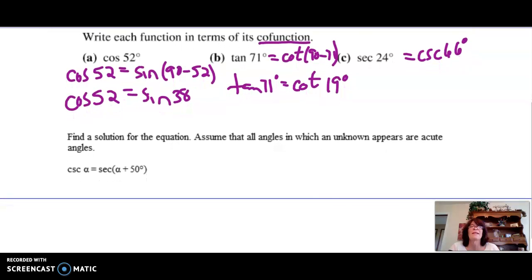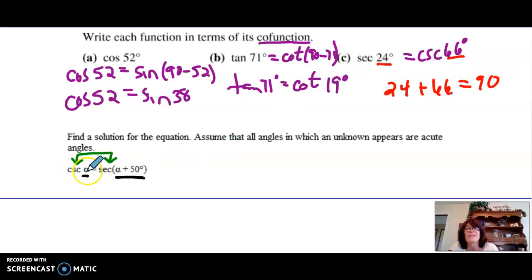Sometimes we add a little algebra to the trig. You have to recognize these as cofunctions. What that means is that whatever the cosecant angle is and whatever the secant angle is, those two have to add up to 90. Secant of 24 equals cosecant of 66 because 24 plus 66 equals 90.